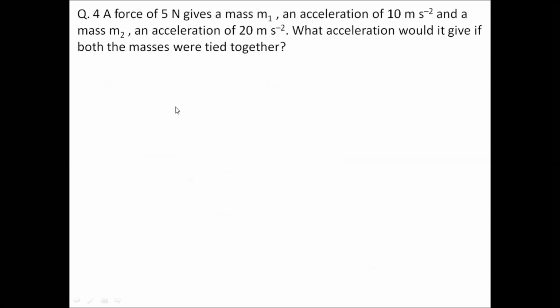Question number 4. A force of 5 Newton gives a mass m1 an acceleration of 10 meter per second square and a mass m2 an acceleration of 20 meter per second square. What acceleration would it give if both the masses were tied together? So we have been given a force of 5 Newton gives mass m1 an acceleration of 10 meter per second square.